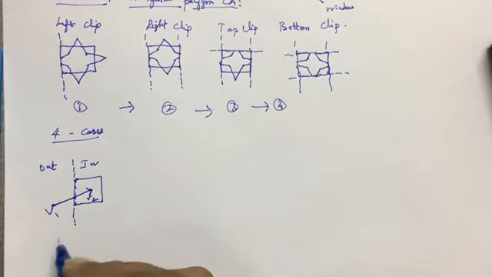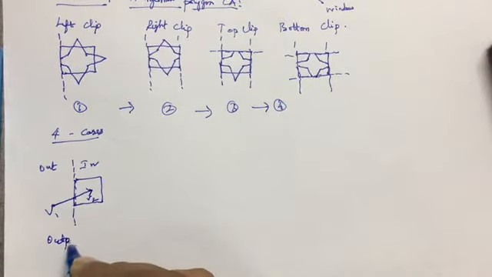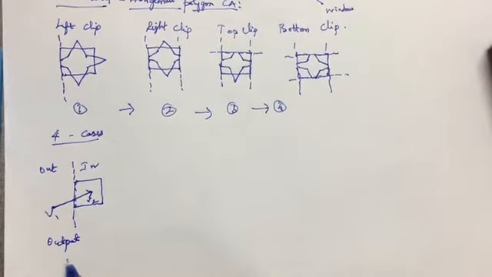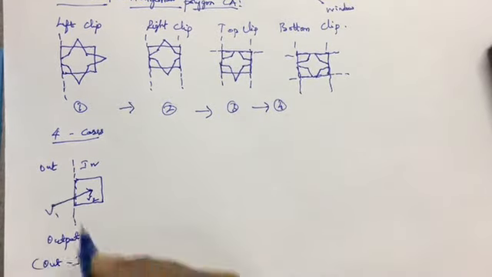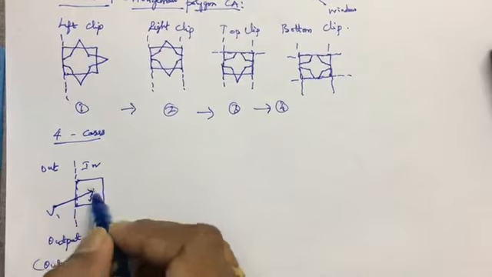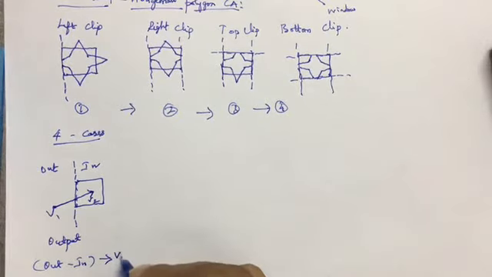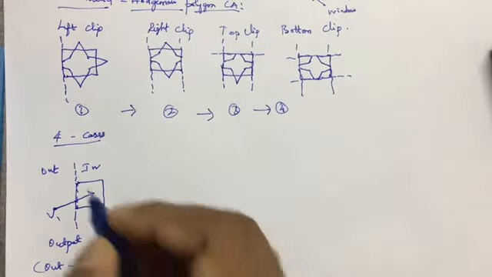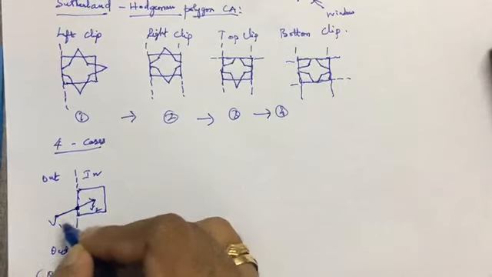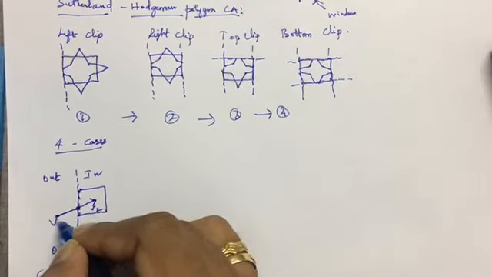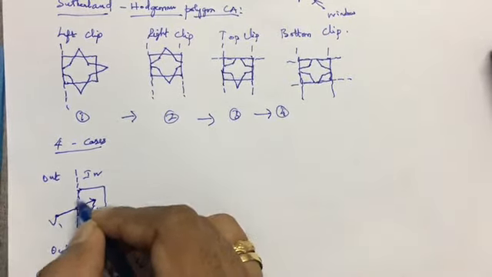On clipping, the output will be, out to in, the line is from outside to inside, then the answer will be V1 dash V2, because the outside line is first of all trespassing the margin.